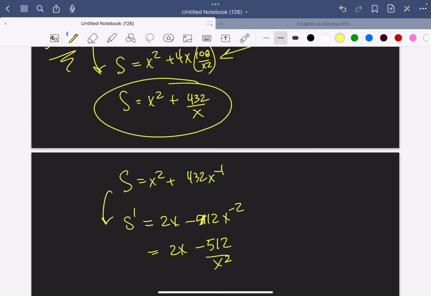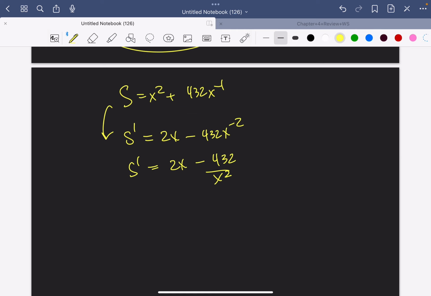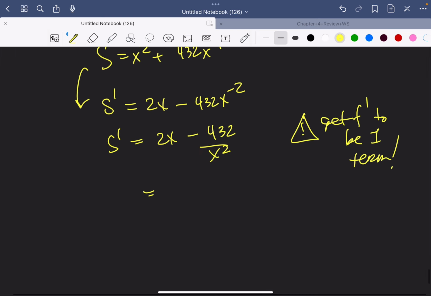But now, remember, we like to get f prime to be one term anytime you can before you set it equal to 0. So here, we're going to hit this with an x squared over x squared, which gives us 2x cubed minus 432, all over x squared.